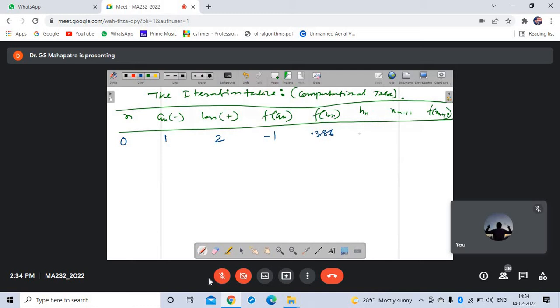And Hn you have to evaluate. Hn is 0.9628, fine.